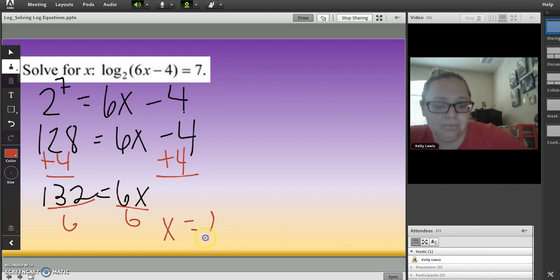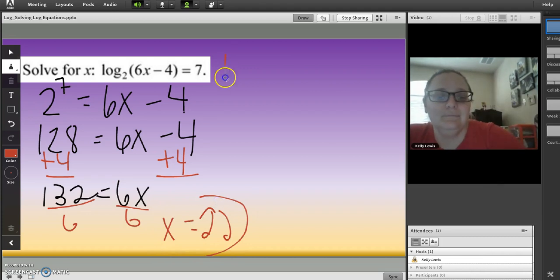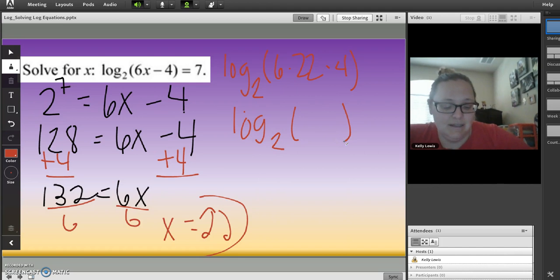All right, let's check it. Log base 2 of 6 times 22 minus 4. So what I'm going to do is figure out what this number is. 6 times 22 minus 4 is 128.